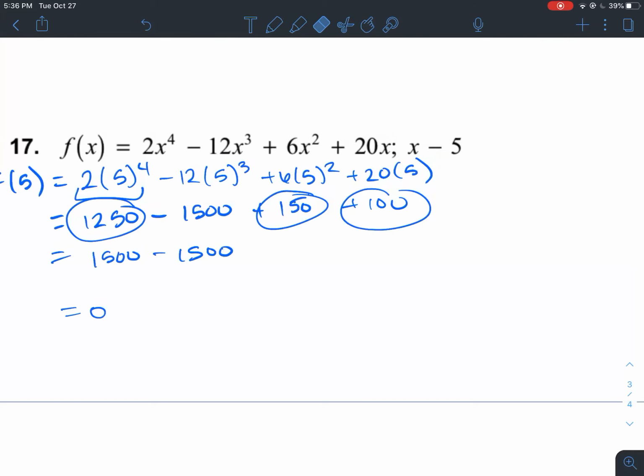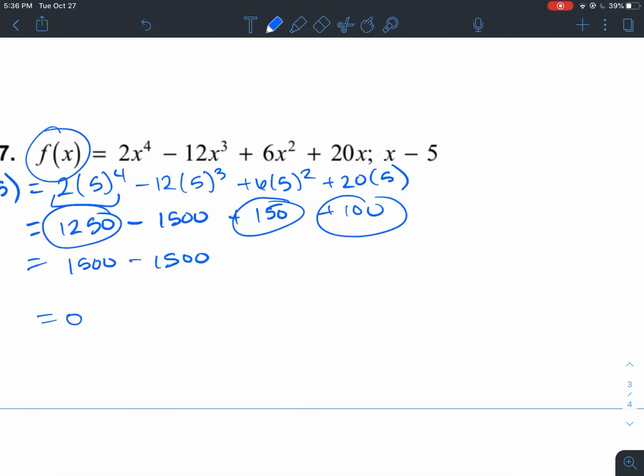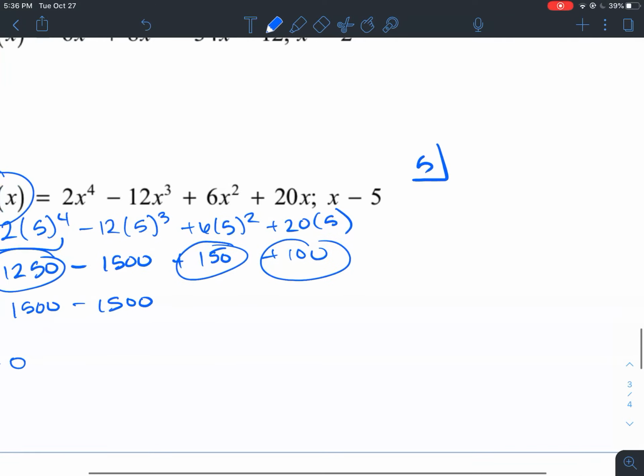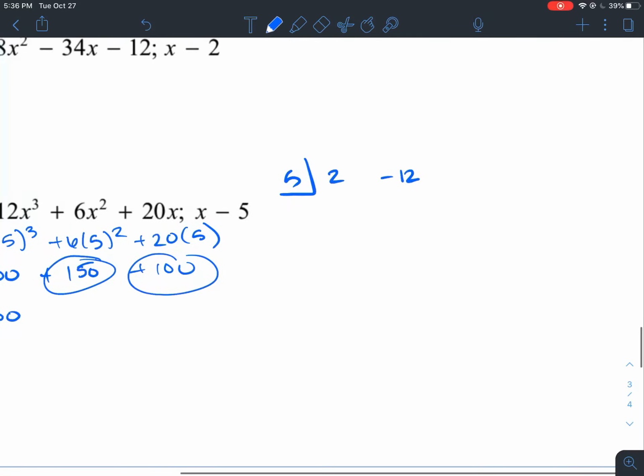And now I'm going to divide this polynomial by x minus 5 to get the rest of my factors. So, using synthetic division, I'm going to take 5, and then I have 2, negative 12, 6, 20, and I don't have a constant here, so I have to do a placeholder for my constant, so 0.